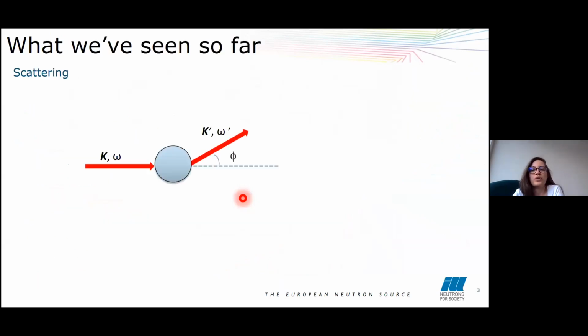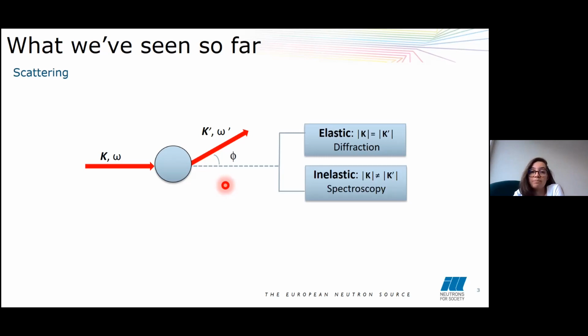So what we've seen so far? Well, we know that when a neutron beam interacts with a sample, one of the possible outcomes is a process we call scattering, where neutron propagation is deviated with respect to the original direction. So the scattering can be either elastic or inelastic.